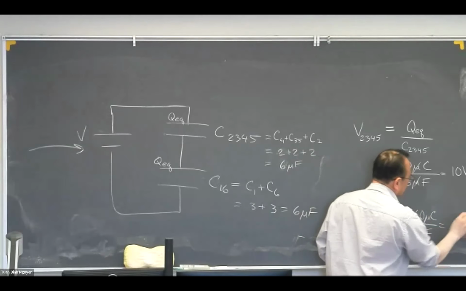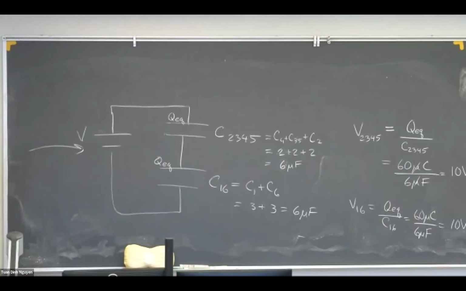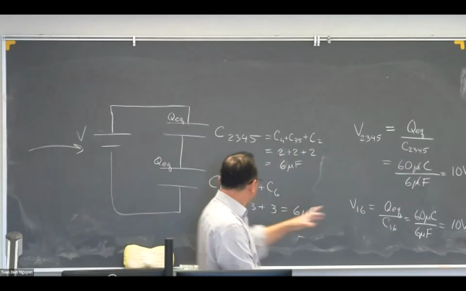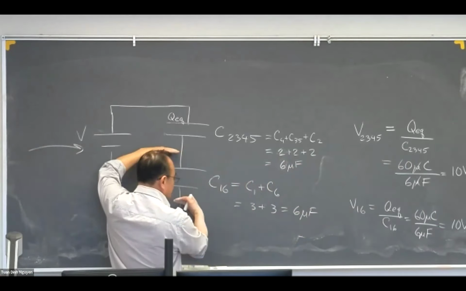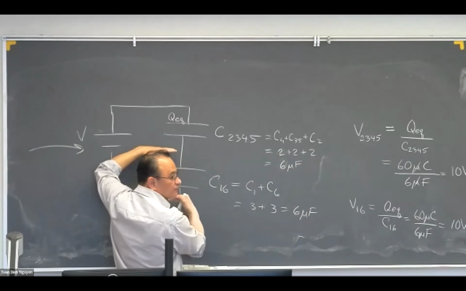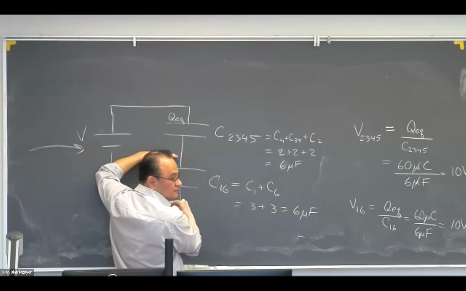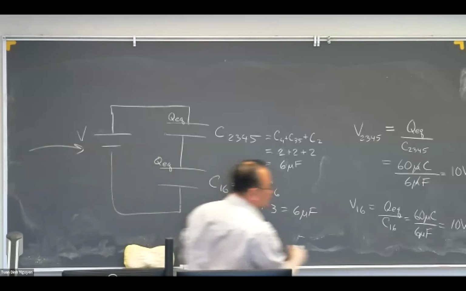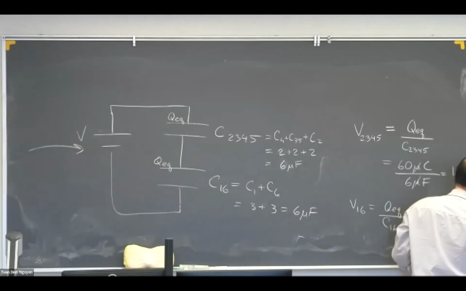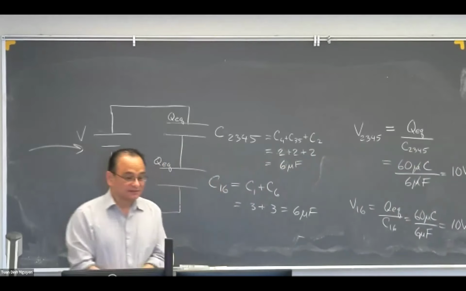Gives 10 volts. And back to the picture, if the combination C16 is 10 and C6 and C1 are in parallel, then the voltage across C1 is 10, the same. So this means V1 is just 10. Okay.